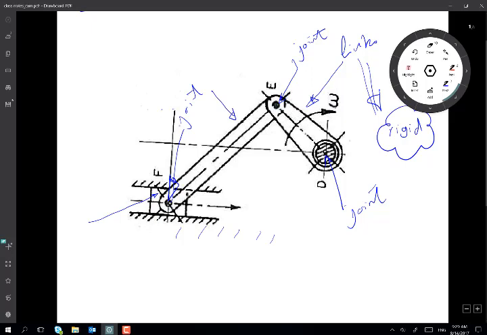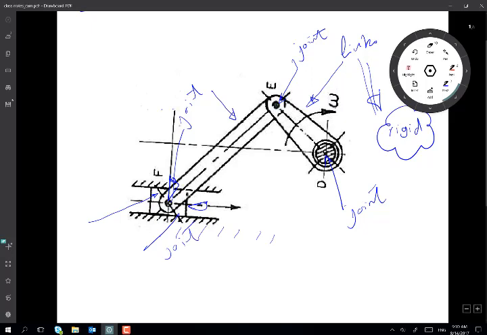And in fact, even the slider, which slides left and right inside the groove, or if you like, on the stationary link on the ground, that's also a joint.